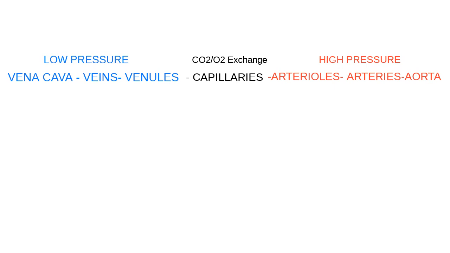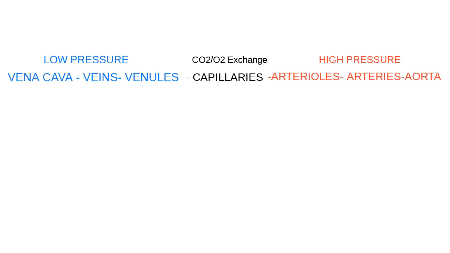Right? And the main function of the artery is to take oxygenated blood from the heart to the body. Exception of both the pulmonary artery and the vein. So they basically reverse roles.